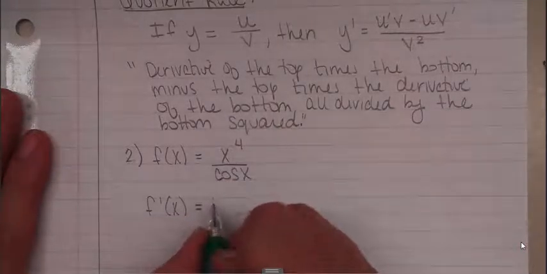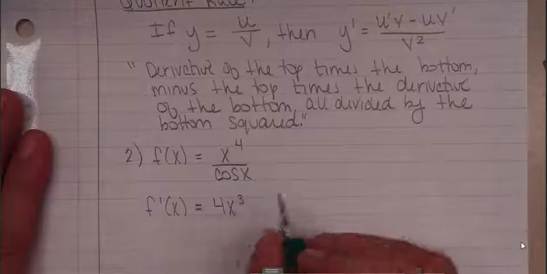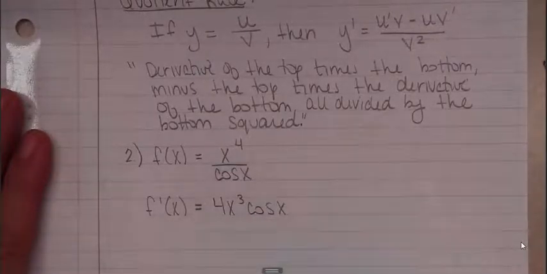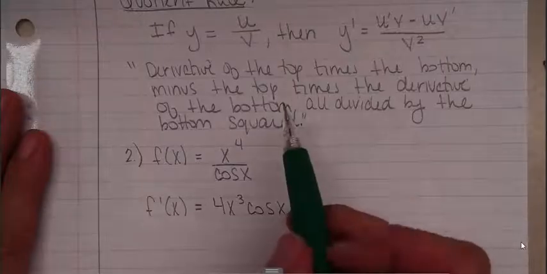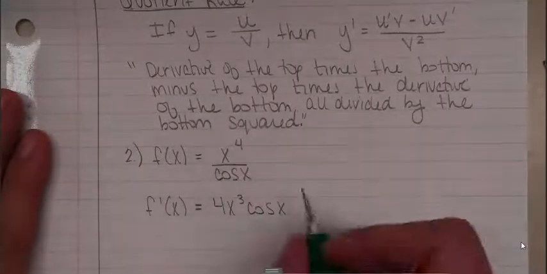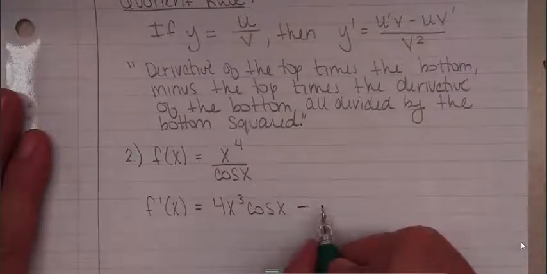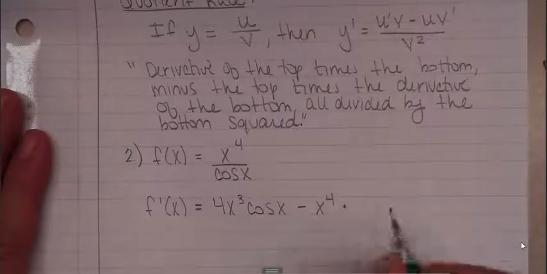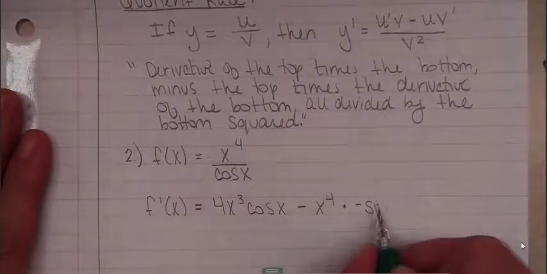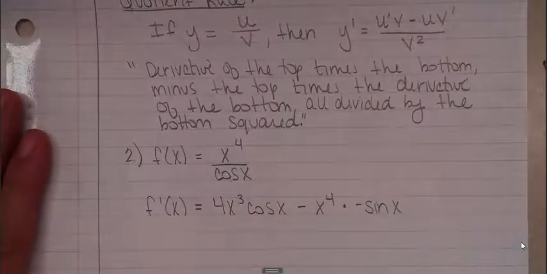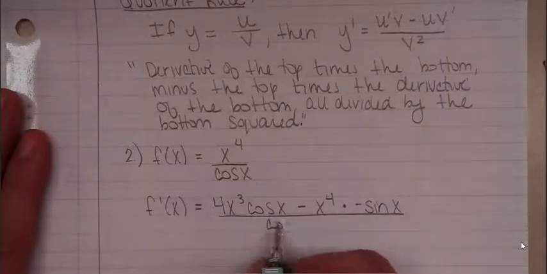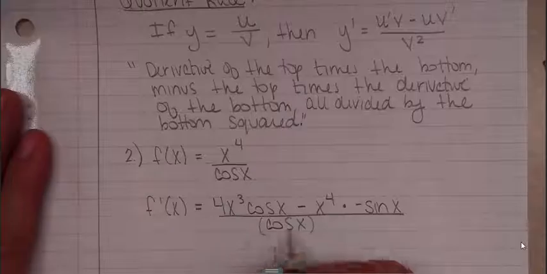The derivative of the top will be 4x cubed times just the bottom, which is cosine x. From that, I'm going to minus the top, which is x to the 4th, times the derivative of the bottom, which will be negative sine x, all over the bottom squared, which is cosine x, the whole thing squared.